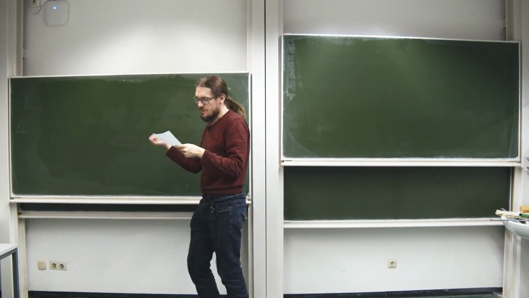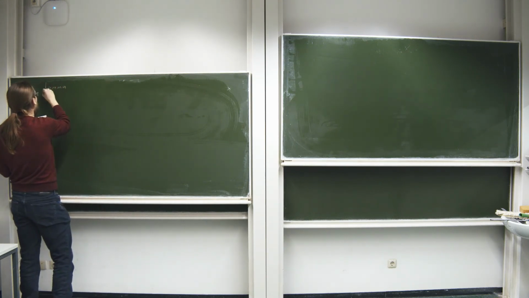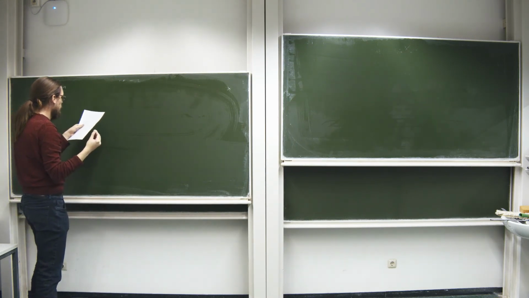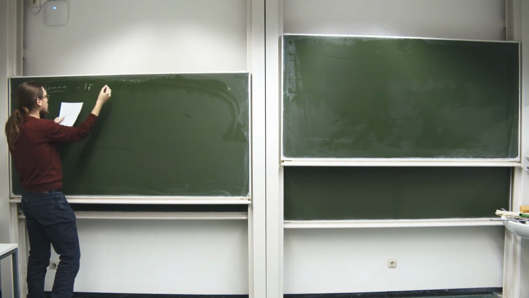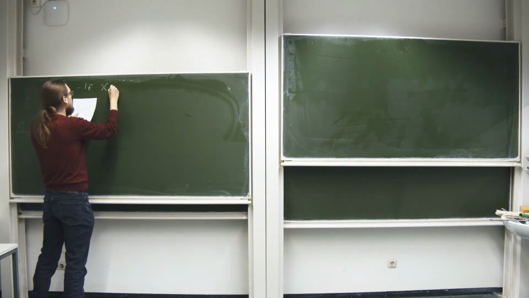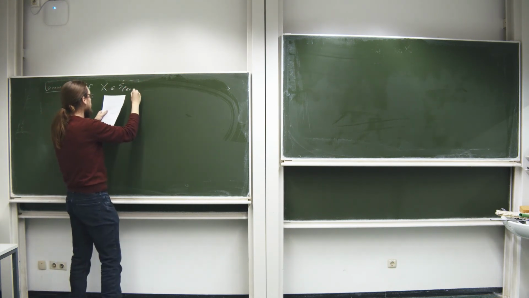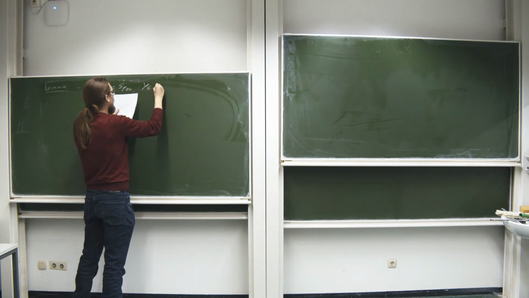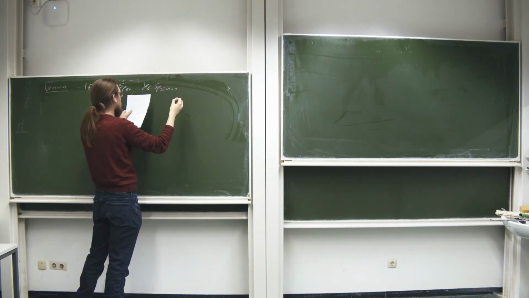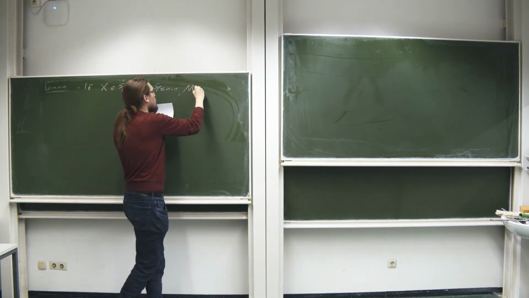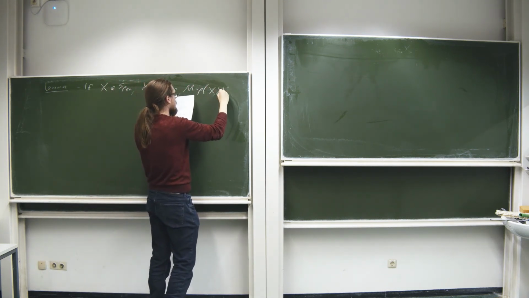And now the claim is that if we have an n-connective spectrum and an n-1 co-connective spectrum, then there's just no maps between the two.